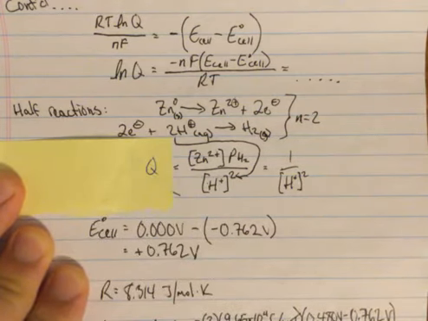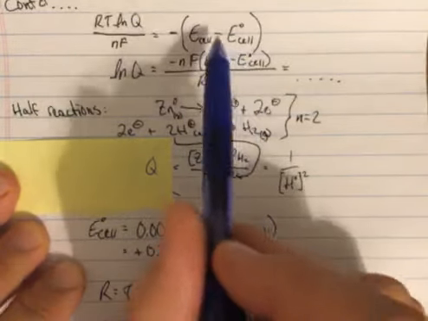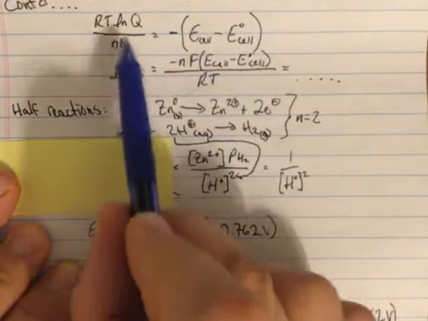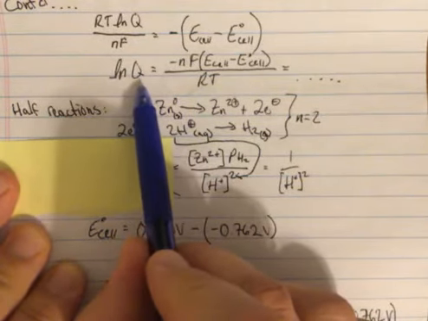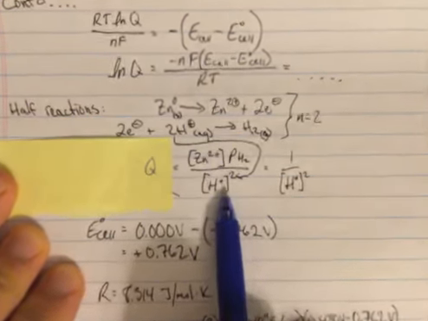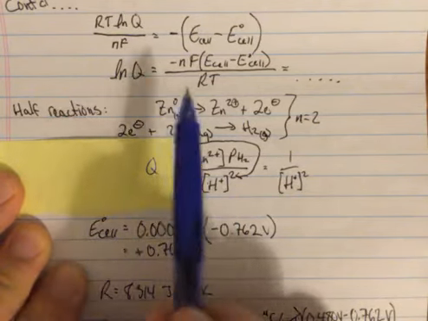Now, the difference here is something we'll get into down the road, but let's just try to configure some algebra here. Ultimately, we're going to be looking to solve for Q because H plus is the variable we're looking to solve for.